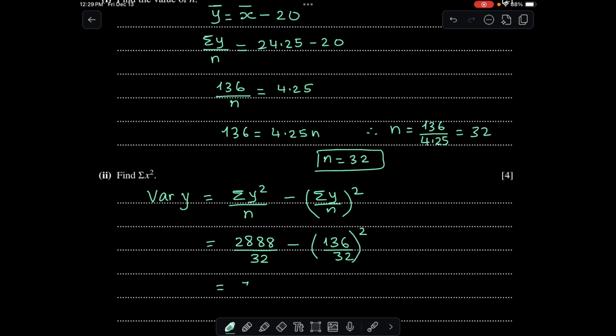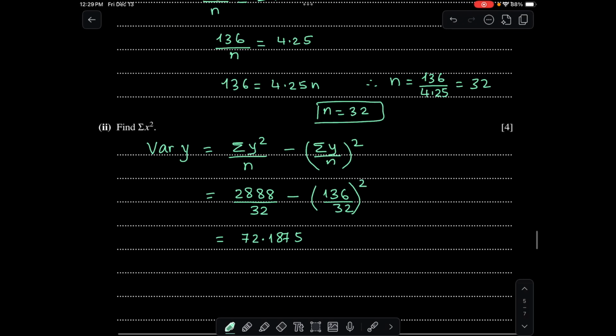So this works out to be 72.1875. So that means variance of x is also equal to 72.1875, and then we equate it to sum of x square.